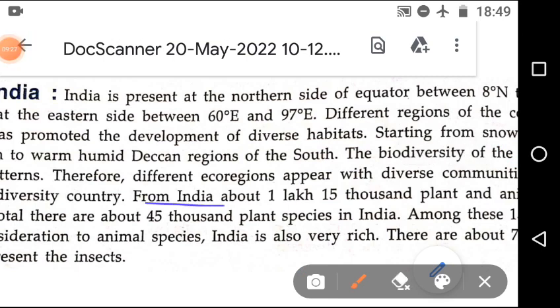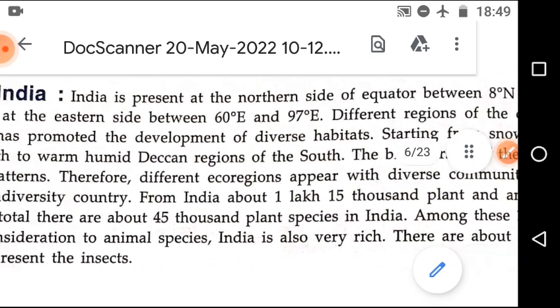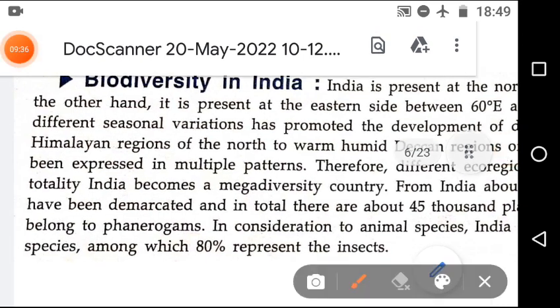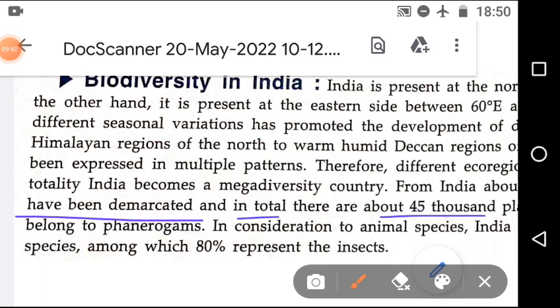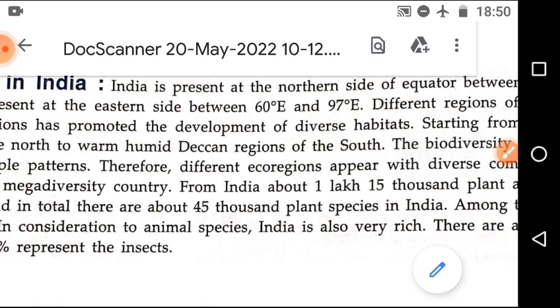About 1,15,000 plant and animal species have been observed in total, and there are about 45,000 plant species. Such variety of plants grow in India.